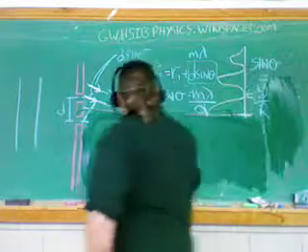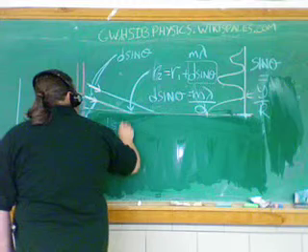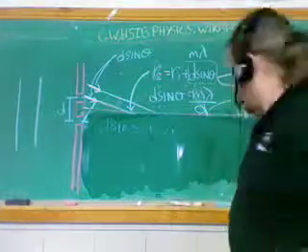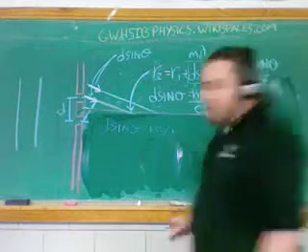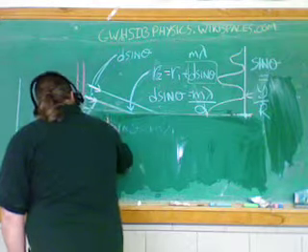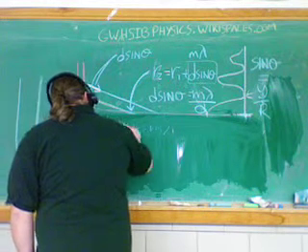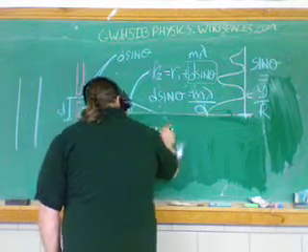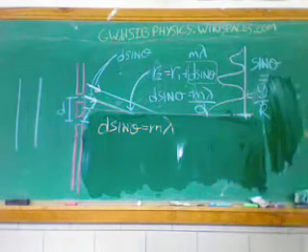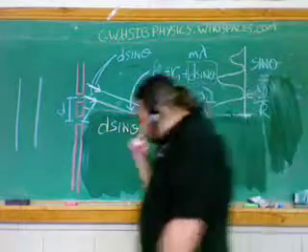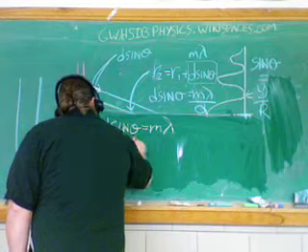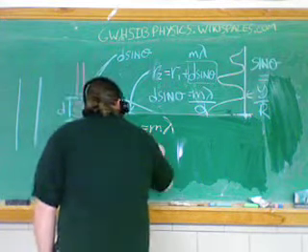So I end up with d sine theta is equal to one wavelength times some number m. Let me rewrite that so you can see it. We also have this relationship of tan theta is equal to y over r.